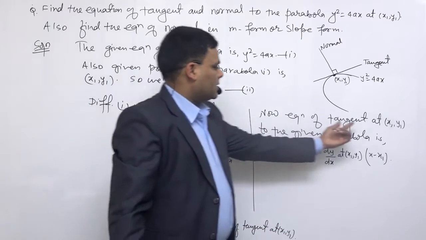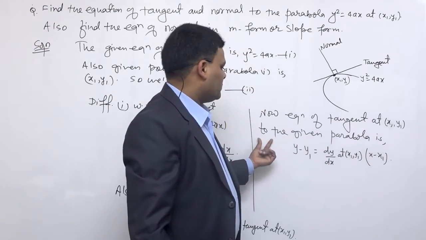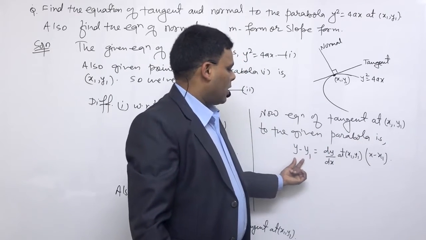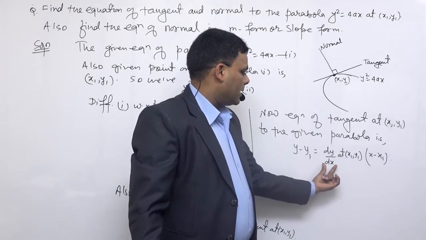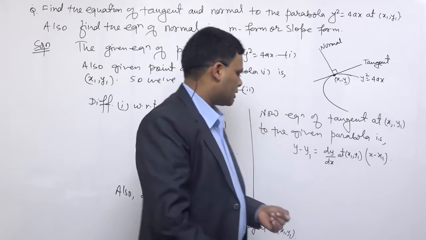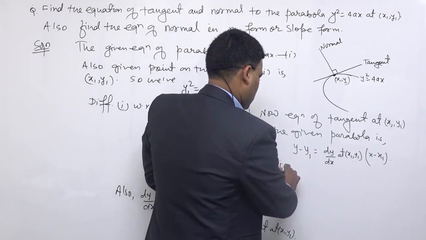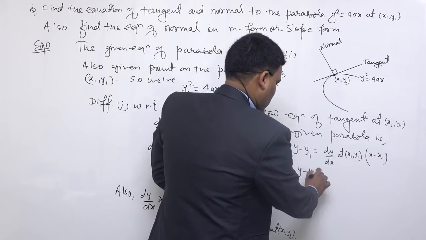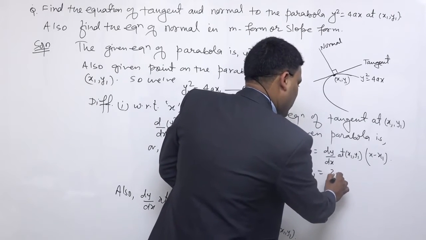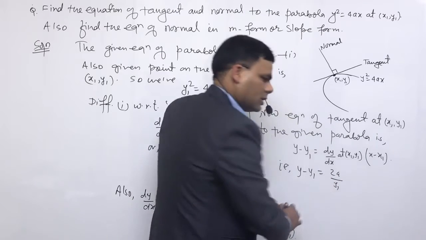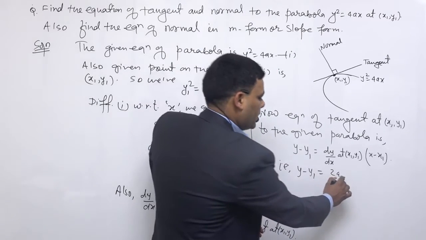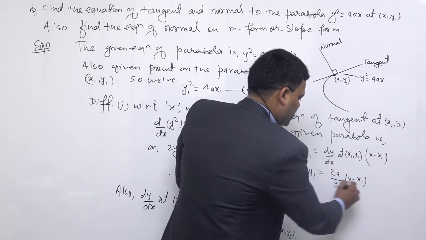Now the equation of tangent at x1 y1 to the given parabola is y minus y1 equals to dy by dx at x1 y1 into x minus x1. That is, y minus y1 equals to 2a by y1 into x minus x1.